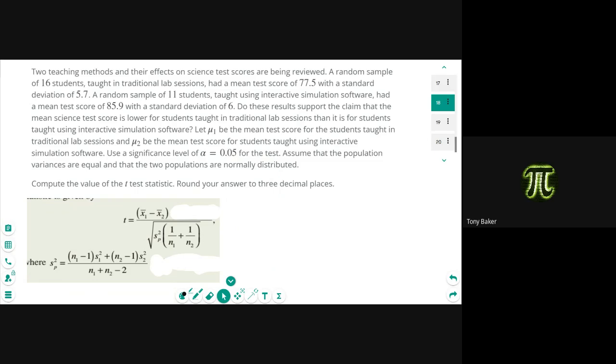So we have N1 is 16, minus 1, times standard deviation of 5.7, plus the second one was 11, times standard deviation of 6. Don't forget the squares.